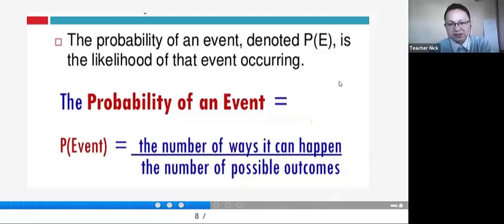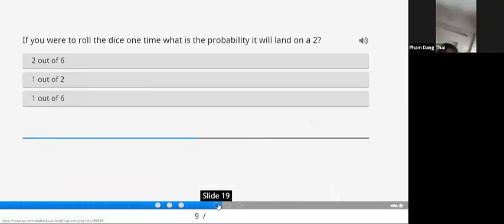It's the number of ways it can happen over the total number of possible outcomes. I will give you an example, but we're going to answer it. Okay, Dang Tai, can you answer the first example here? Hello? All right, okay.